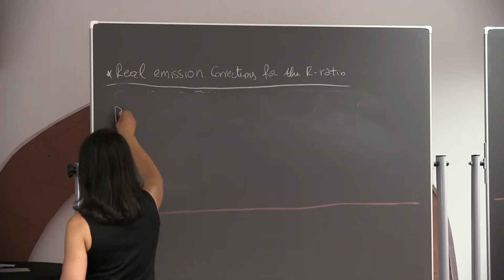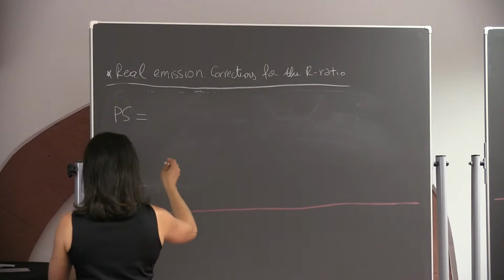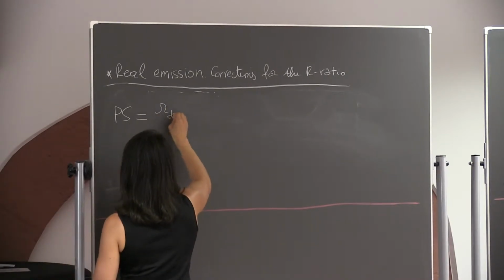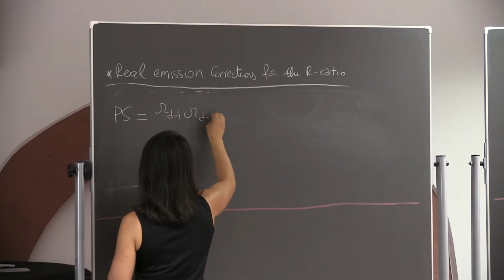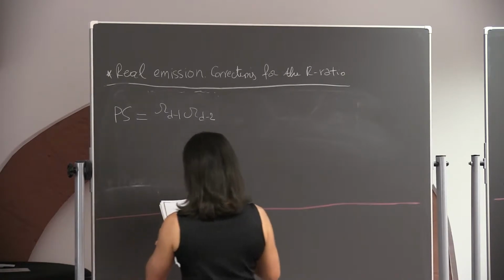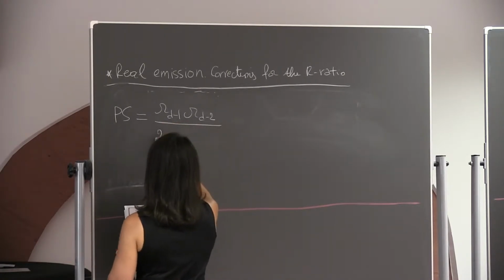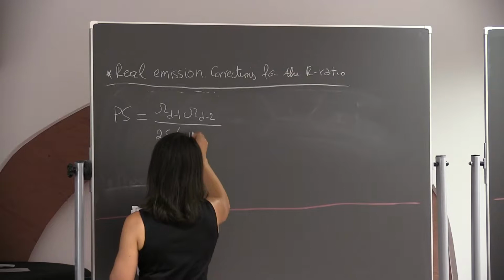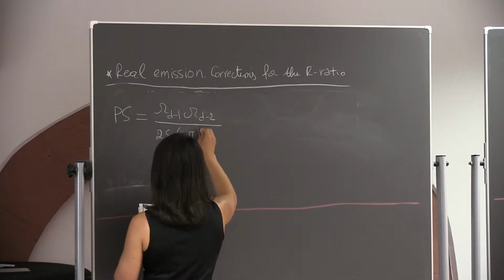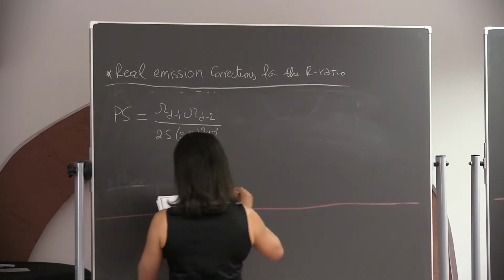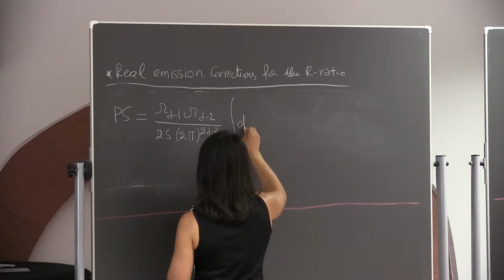So now we have explicitly all my terms. We've got omega d minus 1, omega d minus 2, we have an integral over E1 and E2.